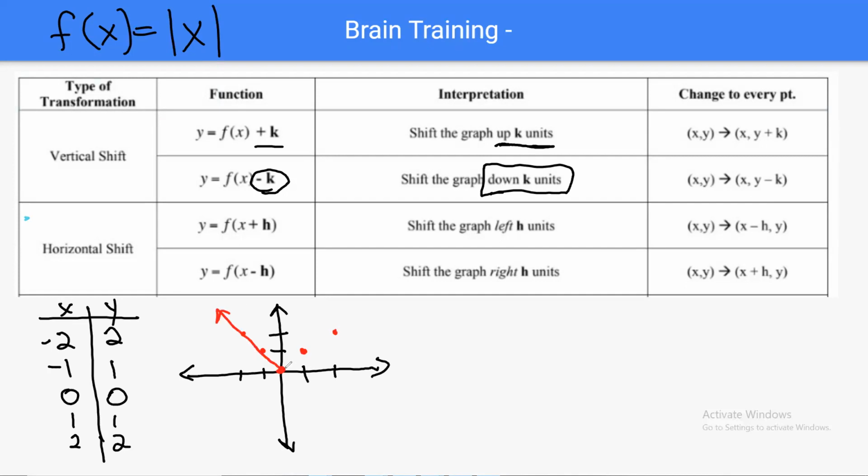It's a little bit off because I did it without graph paper, so my spacing is kind of off. But you see how it's a V? And this point here, that's my vertex.